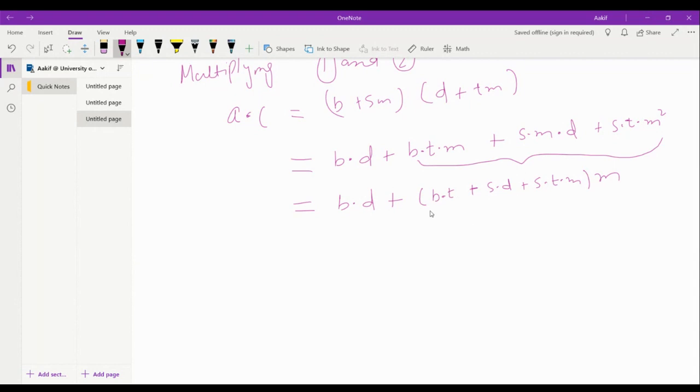Now we can think of this entire thing as a constant, which is an integer.